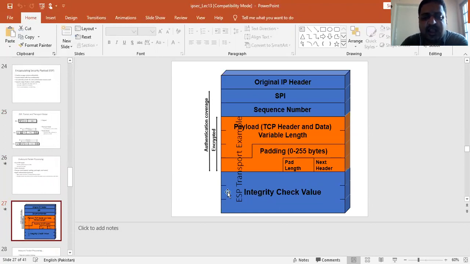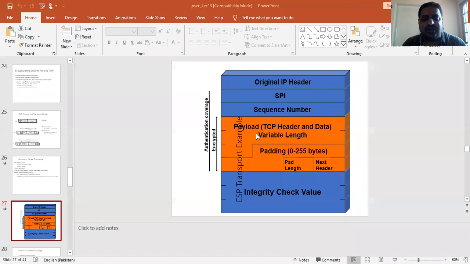As we are discussing, the main related fields used for the data are, for example, the security parameter index and the integrity check value. These are the fields which are used by the IP security protocol to provide security to the data. And whenever we want to provide encryption to the data, we provide it using a payload, the ESP transport payload.